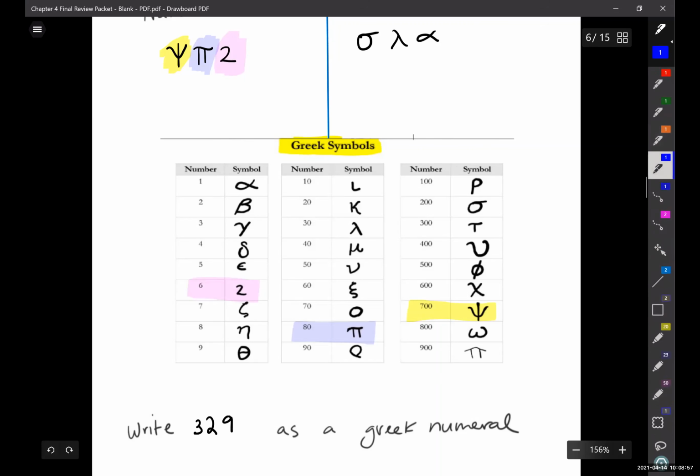So finding these pieces at a time, we see we have the number for 700 plus the number for 80 plus the number for 6. So we get 786 for the first one.